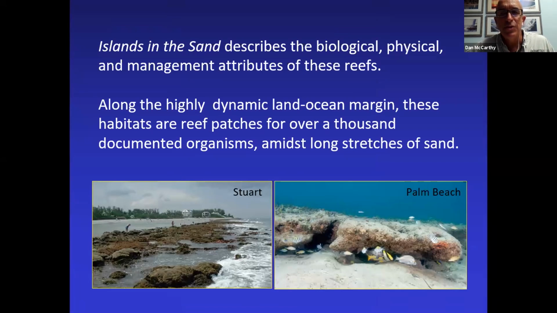This book describes the biological and the physical and the management attributes of these reefs, okay? And if you have any experience with these reefs, you realize that they're highly dynamic, okay? For the most part, what we're going to be talking about are shallow water systems where there's a lot of wave energy and sand movement.